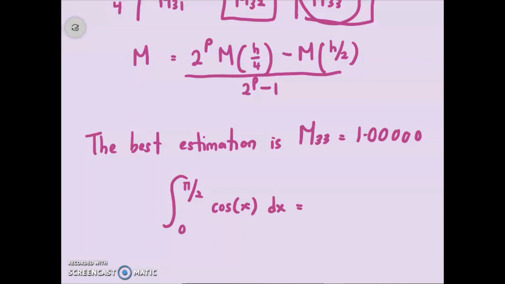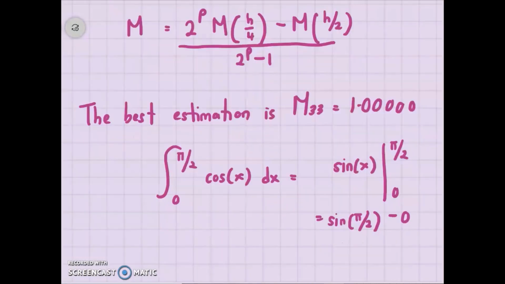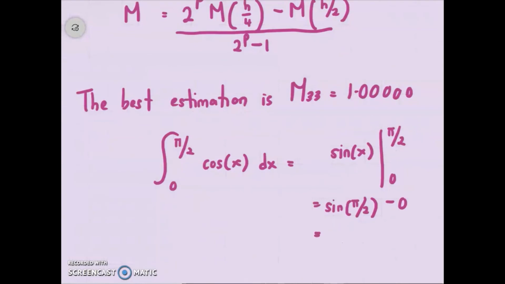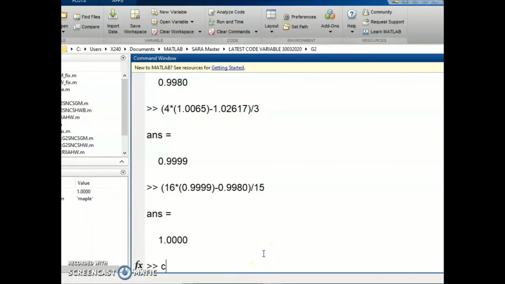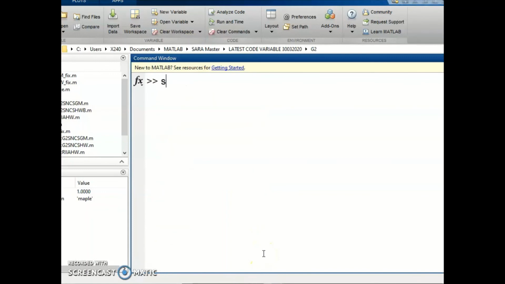Okay, if I integrate this, I have sine x from 0 to pi over 2, so sine pi over 2 minus 0. What is sine pi over 2? For those of you who don't know, I'm going to show it here on my Scilab.